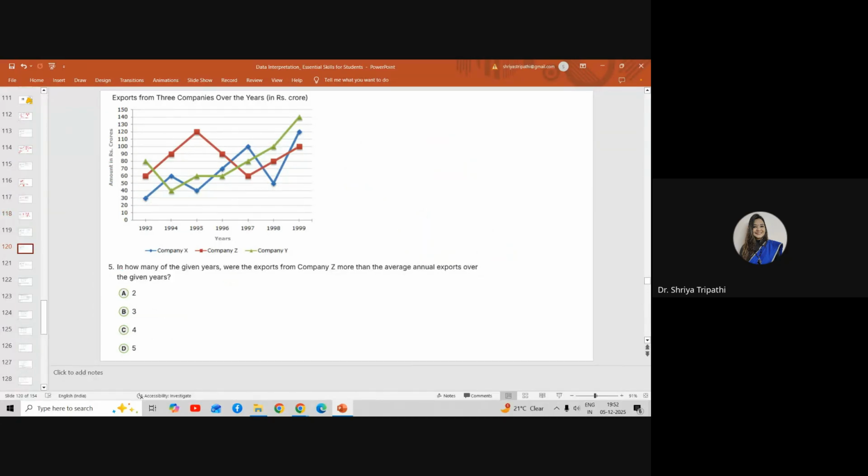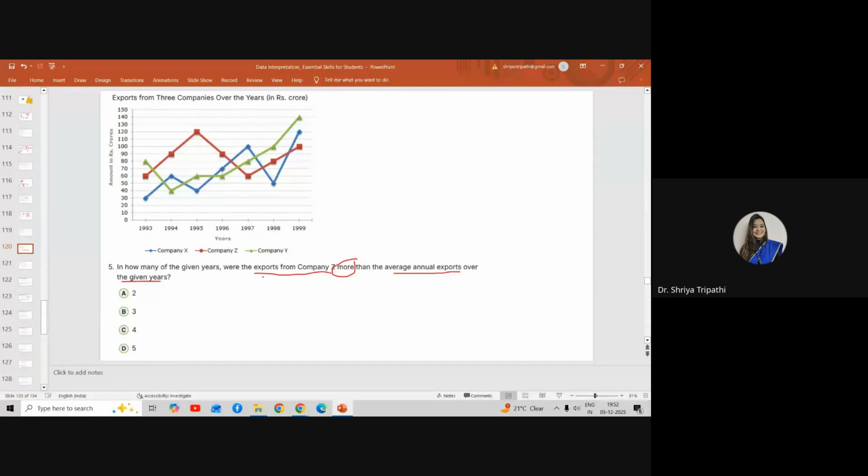Okay, the next one. In how many of the given years were the exports from company Z more than the average annual export for the given years? I repeat, कितने ऐसे साल थे?